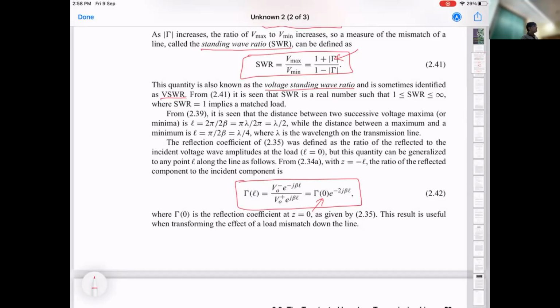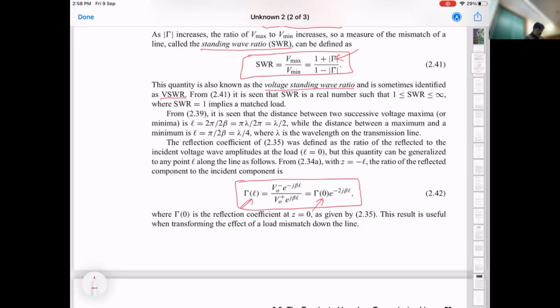But the moment gamma is finite, then this gamma of L is actually changing with length, right? Changing depending on where you look at this particular quantity.